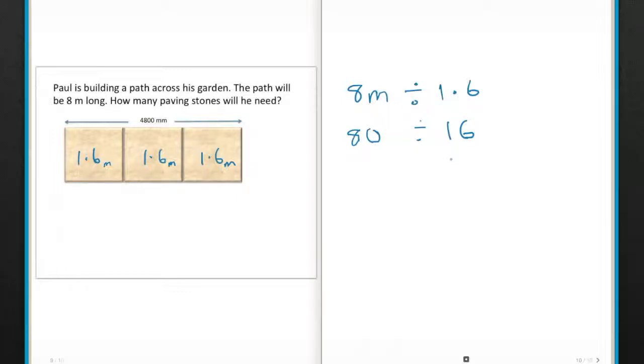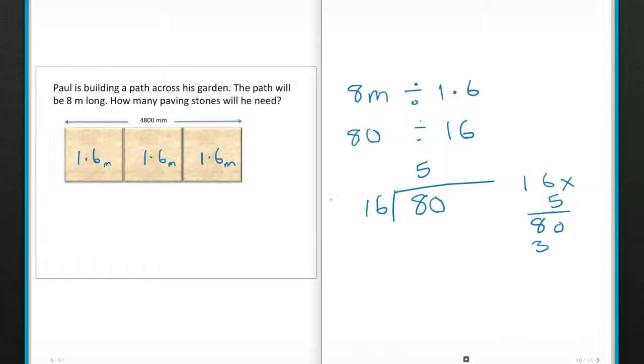So how many 16's in 80? Well, I know that 10 16's is 160 and 80 is half of 160, isn't it? So there must be 5, and let's just check that with a multiplication. 5 6's are 30, 5 1's are 5, and that's 80.